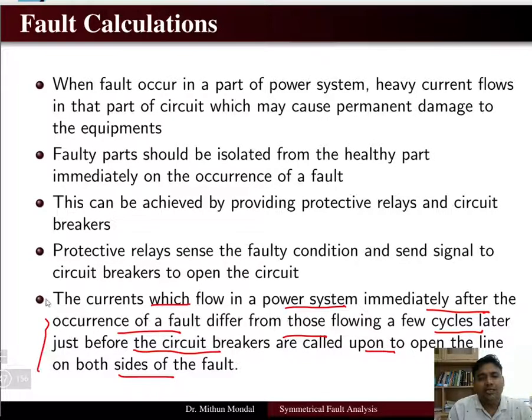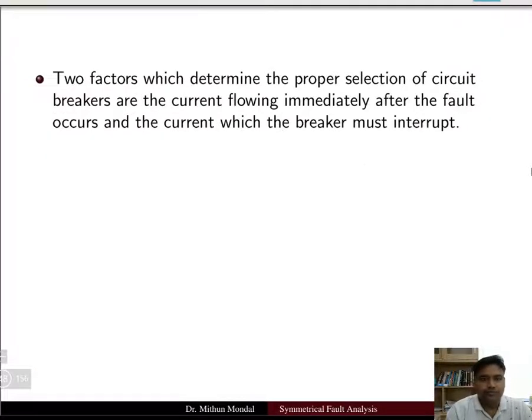So as I said, in a power system network, if a fault occurs, it has to be isolated from the healthy part of the system, and this is done with the help of relays and circuit breakers. Relays send the signal to the circuit breaker to open both sides of the fault, and during the fault heavy current will flow.